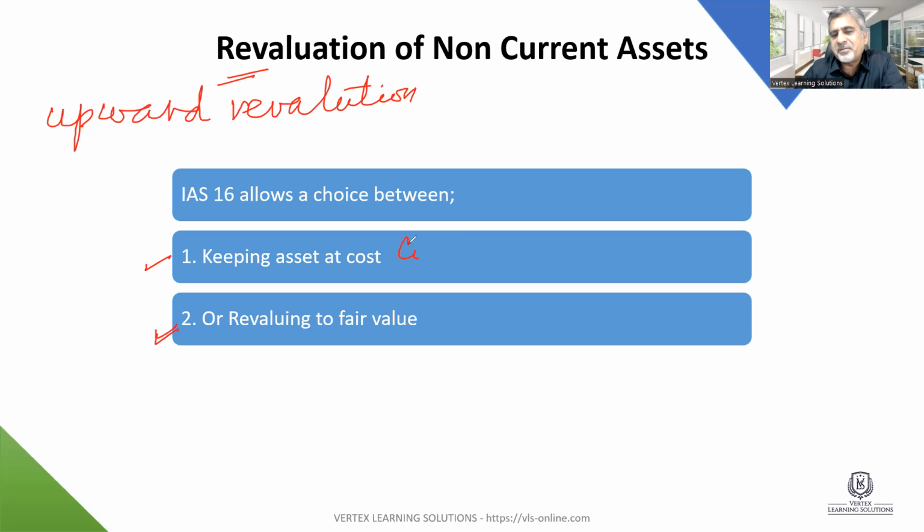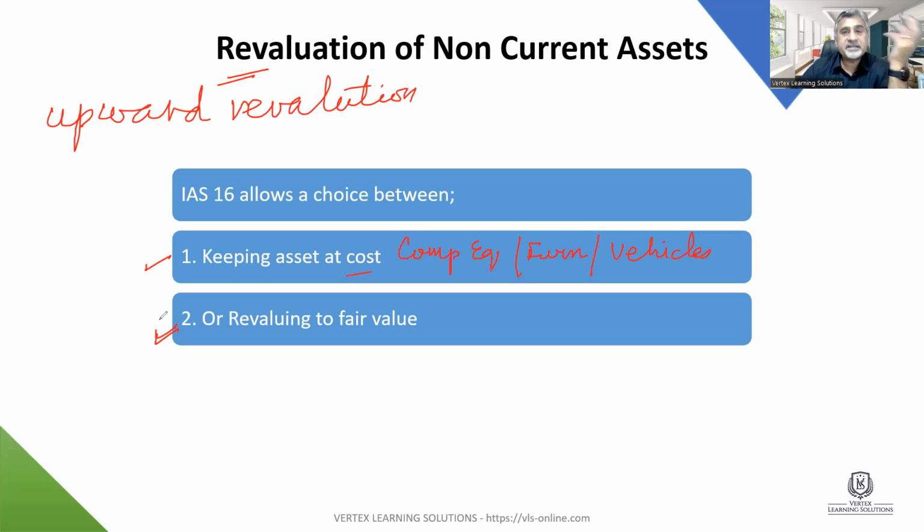For example, my computer equipment, my furniture, maybe my vehicles. These are generally not huge in value. They are not in millions of dollars. And finding out their market value and adjusting their value is a lot of pain without any significant or material difference. So we say, let's do it at cost model.